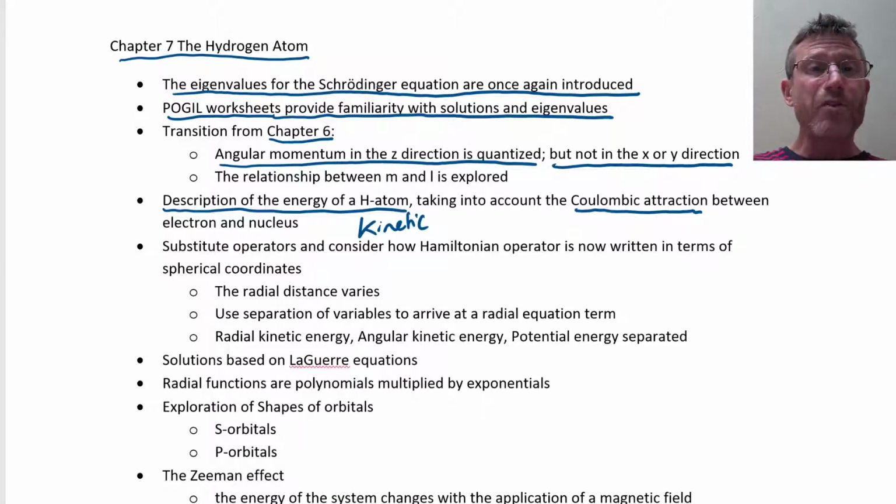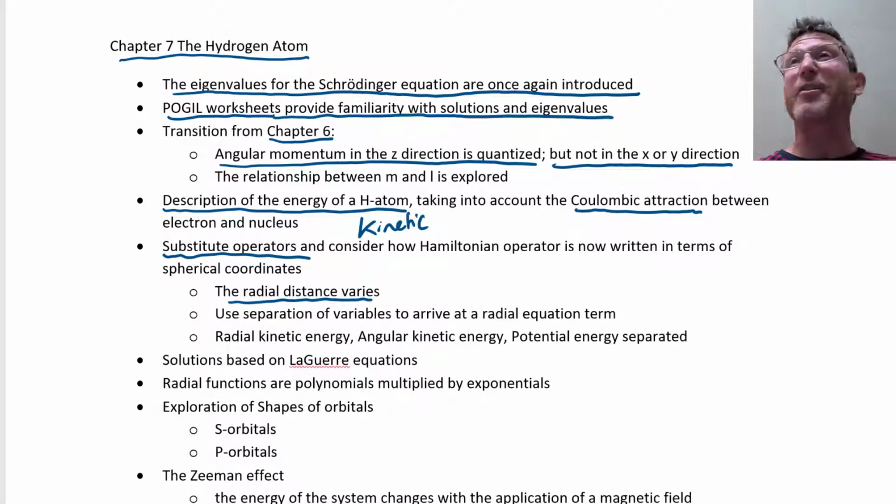Then, as usual, we substitute our operators in, and we develop a new Hamiltonian operator, and it's of course written in terms of the spherical coordinates. Del squared is in there in terms of spherical coordinates. We recognize that the radial distance now varies. The electron can really be anywhere at any distance away from the nucleus.